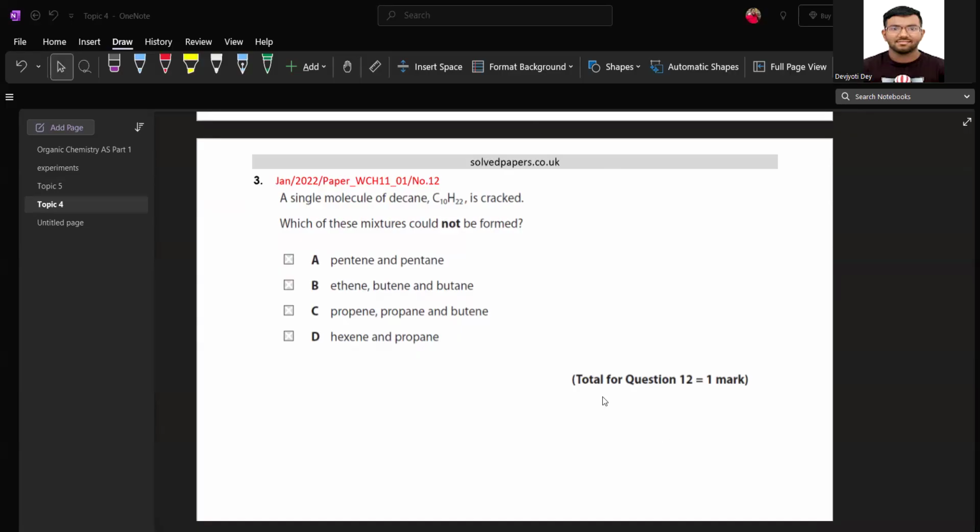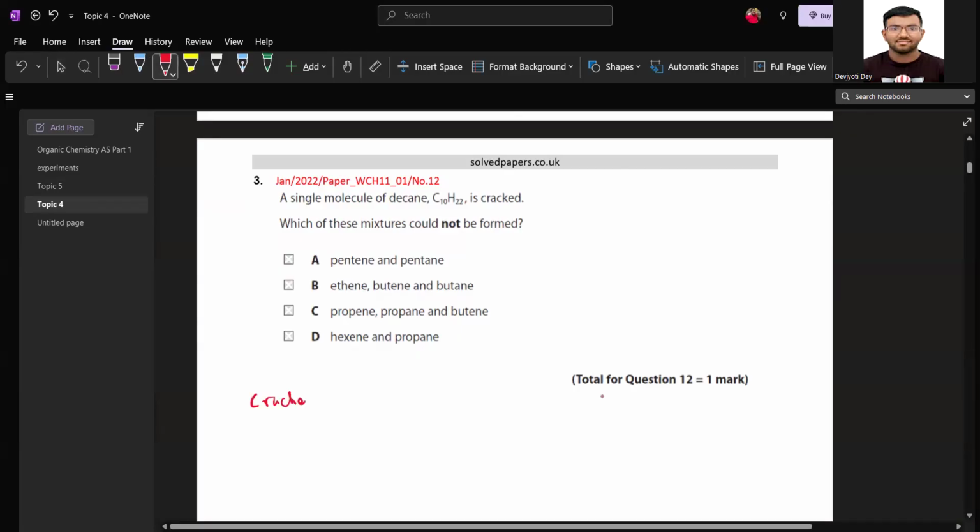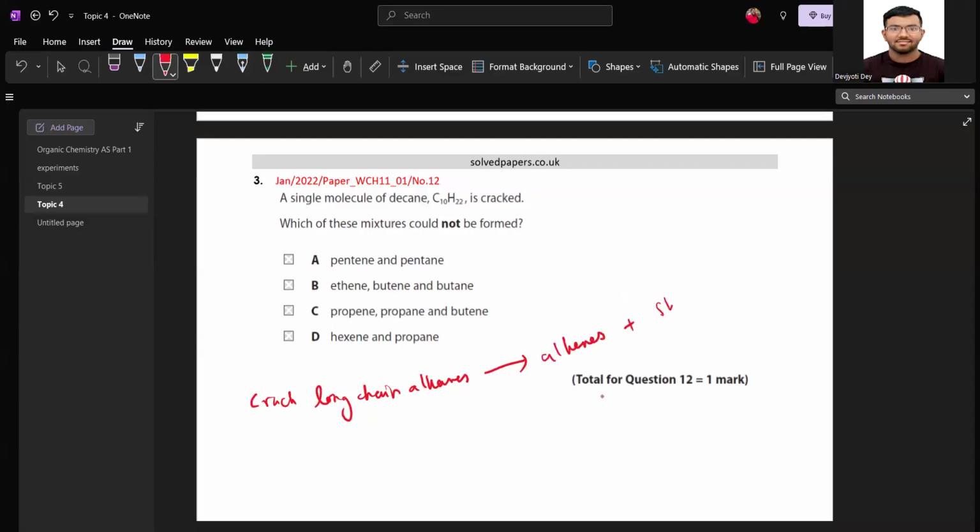I think I taught you that when you crack long chain alkanes, alkenes plus shorter chain alkanes are produced. So if that's the case, which could not be produced, they say, right?